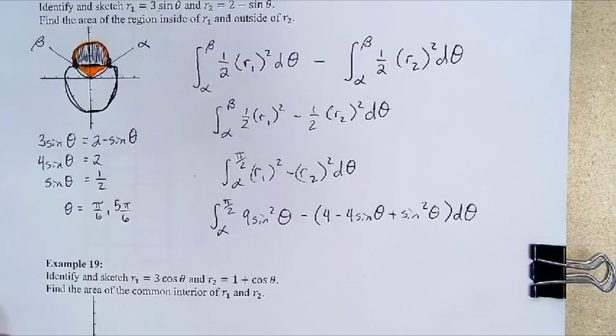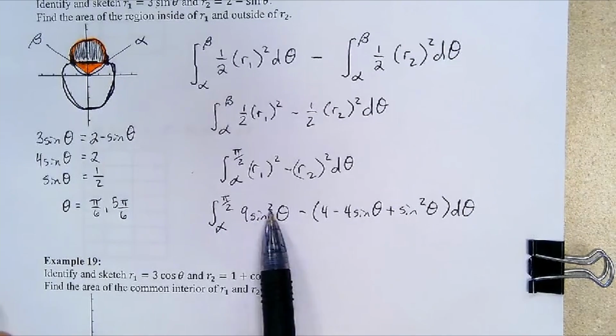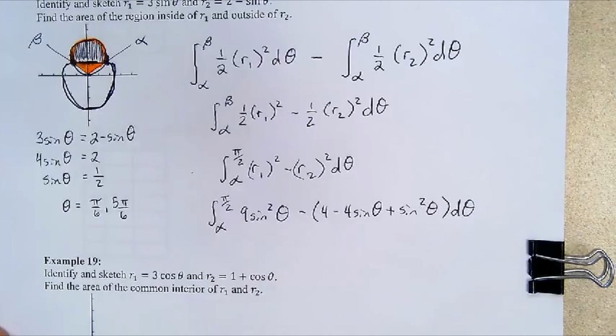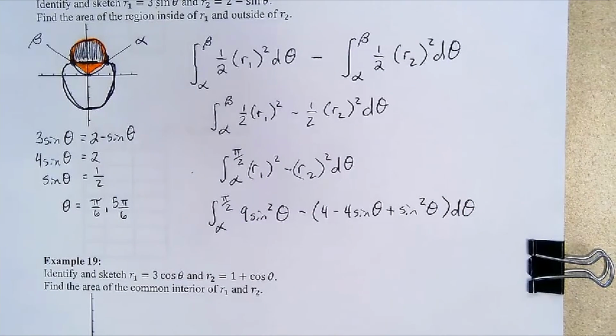So I would turn to a calculator here because we still got that sine squared, which requires the use of the half angle. It could be done by hand, but the focus here is setting up the expression. Evaluating it, that's just a tough integral problem.